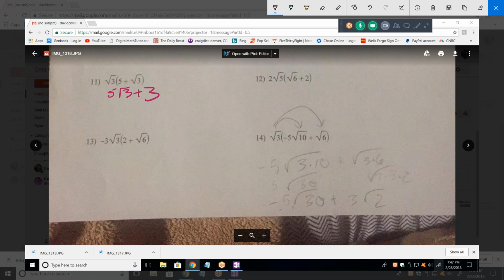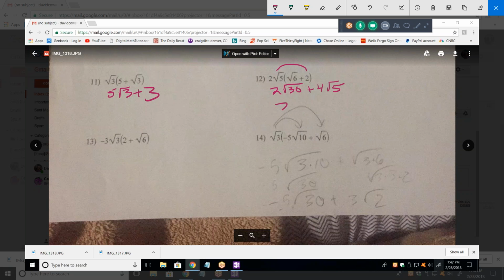Oh, yeah. So number 12, then you would be 2 square roots of 30 plus 2, or plus 4 square roots of 5. Right. Now, 30 is the square root of 6 times the square root of 5.